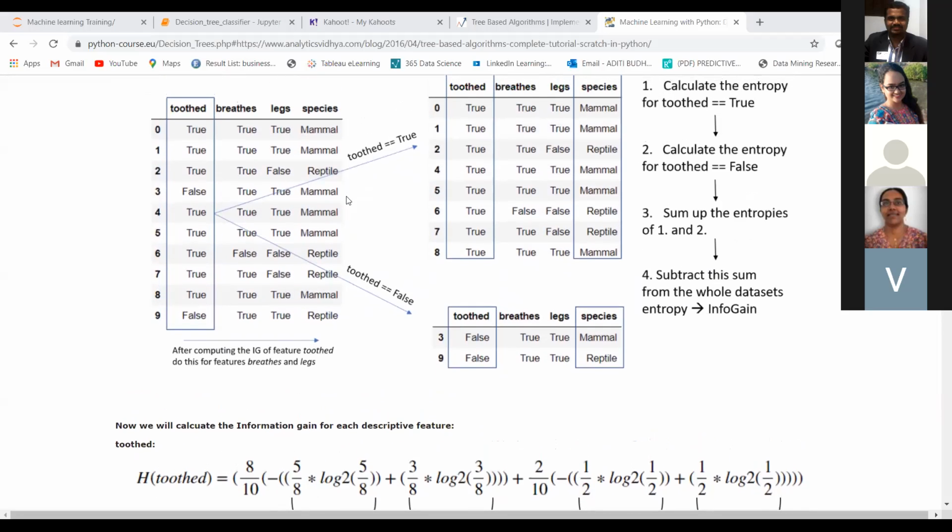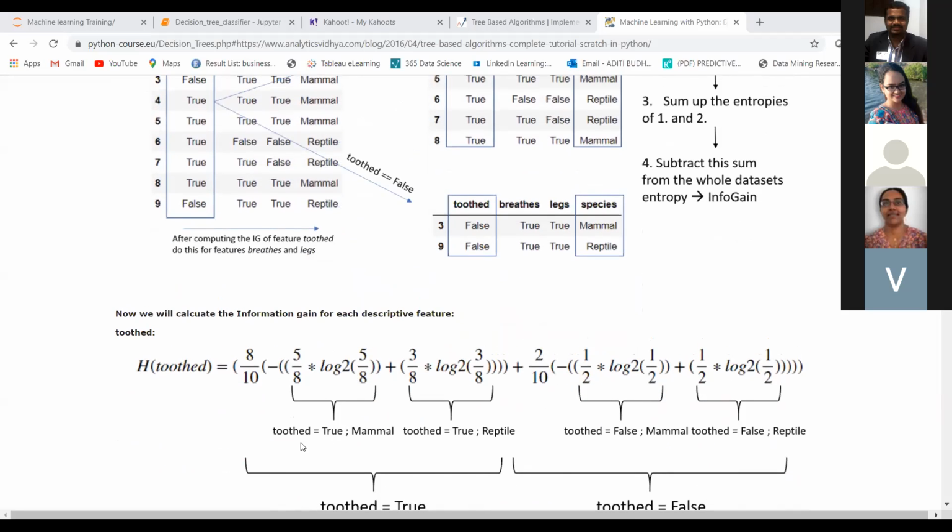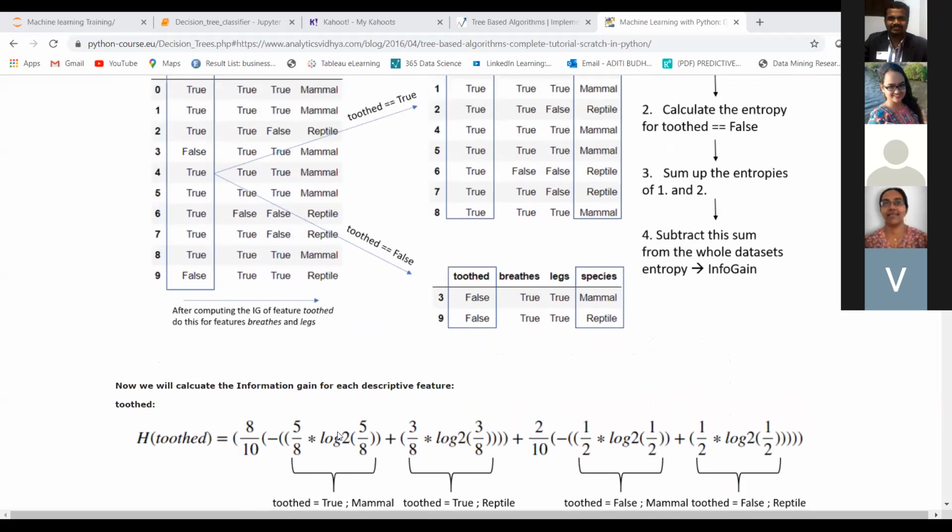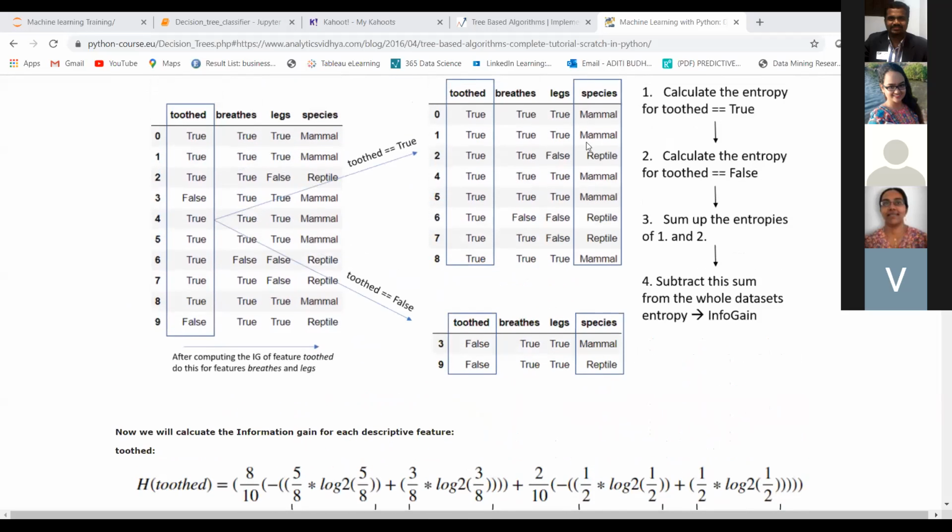Here you are seeing that when the parameter is true, and we know that it is a mammal, how many such data points are present?